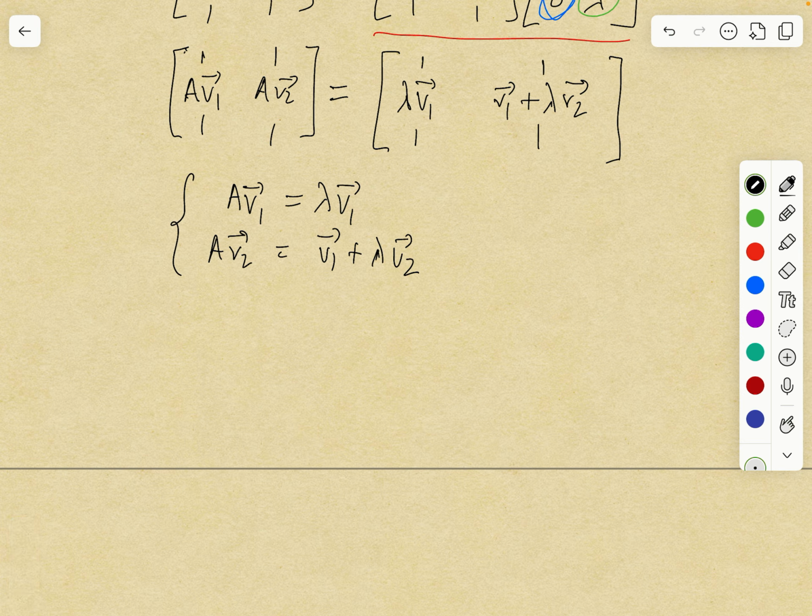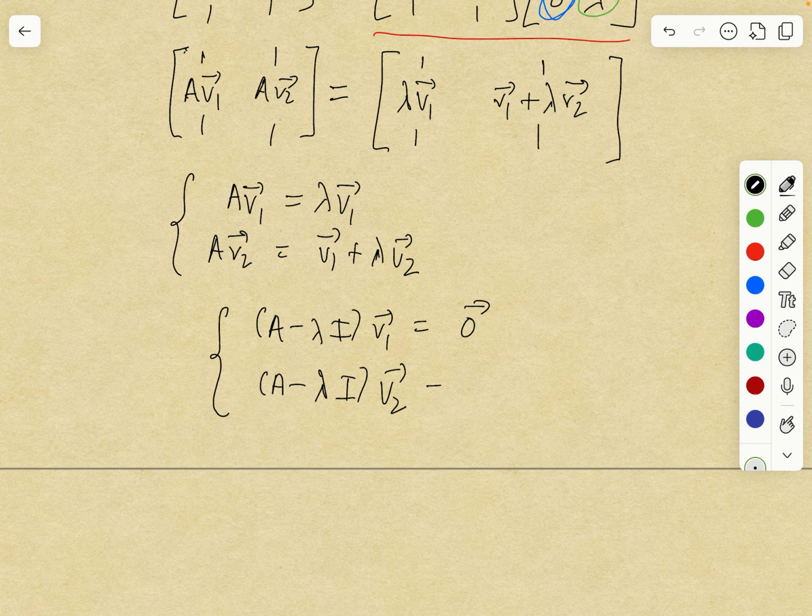So let's rewrite this system of equations. I can subtract lambda v1 on the left for the first equation and get (A minus lambda I) v1 is the 0 vector. And if I subtract lambda v2 for the second equation, I get (A minus lambda I) v2 equals v1.